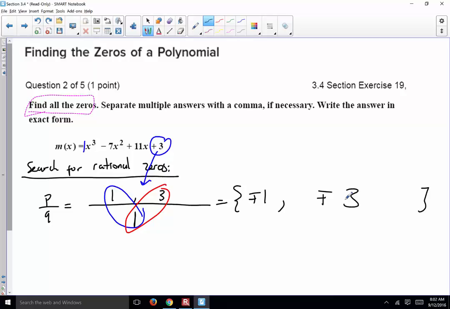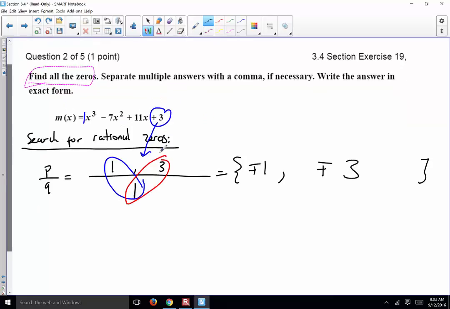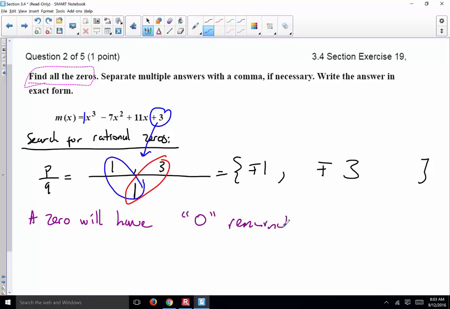Okay? Alright, now how do we check these are really zeros? The book says to check whether these are zeros of the function, that it makes the function 0, use synthetic division, because a 0 will have 0 remainder once division is performed.